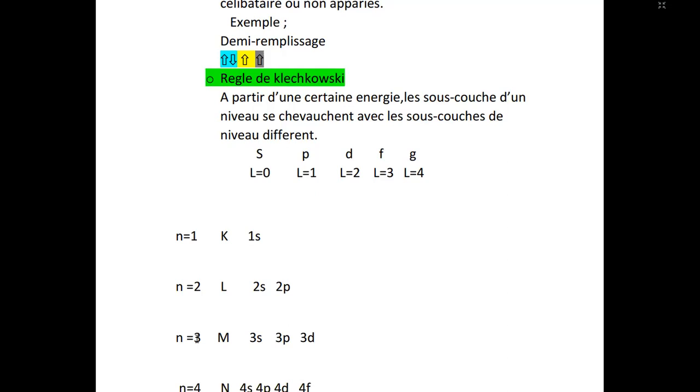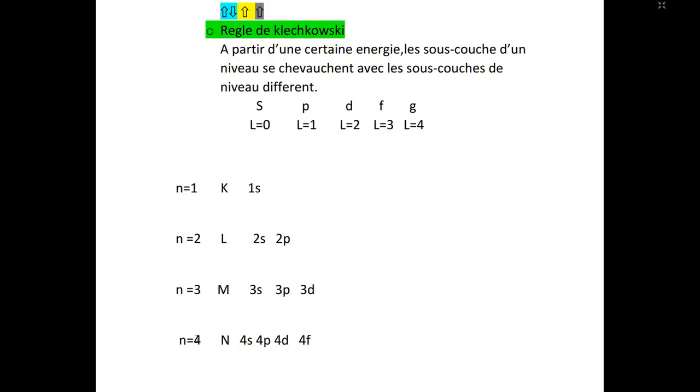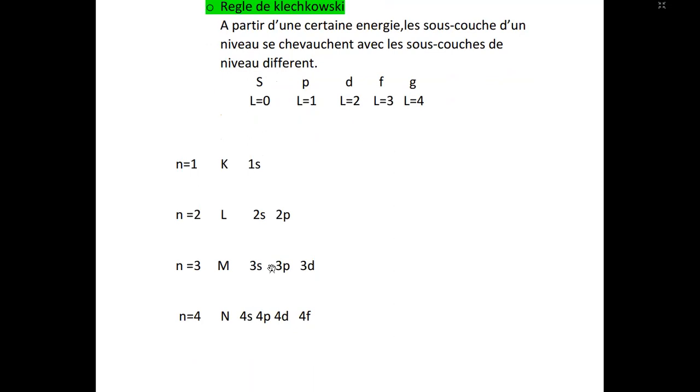So that's how you go. The first shell is 1s. The second shell must have 2s, 2p, but most of the time you start from 1s, 2s, 2p. Then the third shell must have 3s, 3p, 3d, which you start from 1s, 2s, 2p, 3s, 3p, 3d.